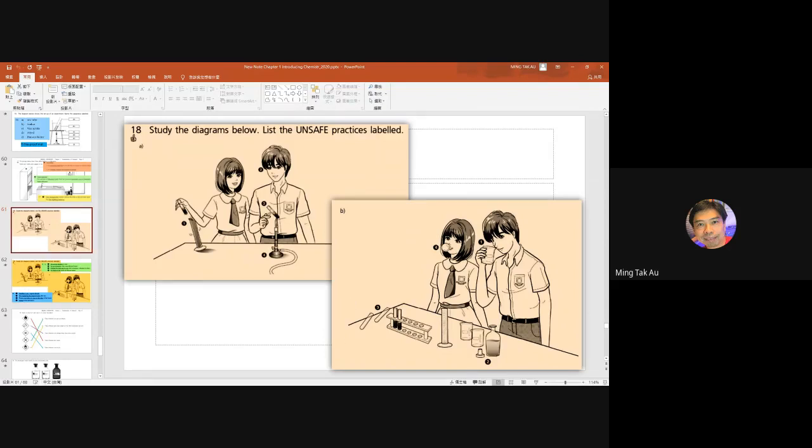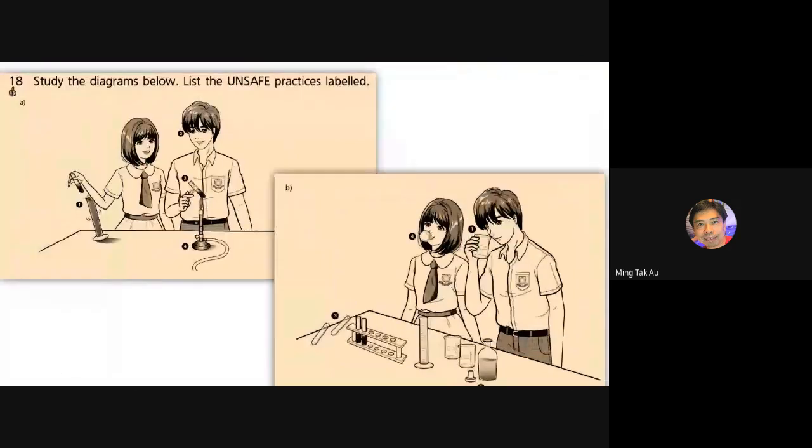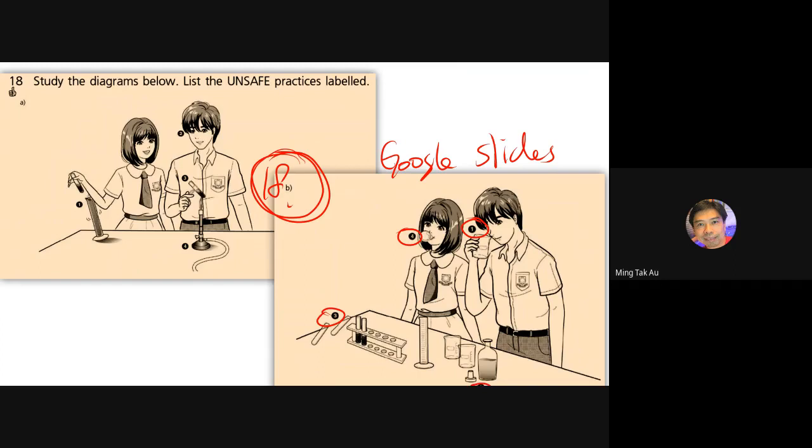Okay, you can see the PowerPoint, right? Okay, I want you to try this one and send Google Slides, for 18B only. So tell me 1, 2, 3, 4. So what is the unsafe practice label?